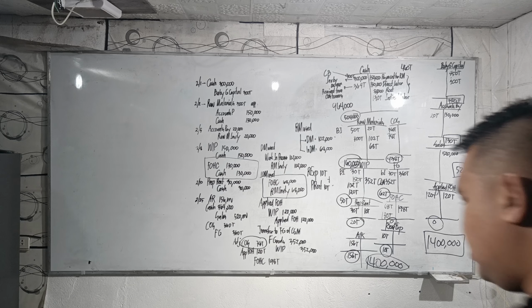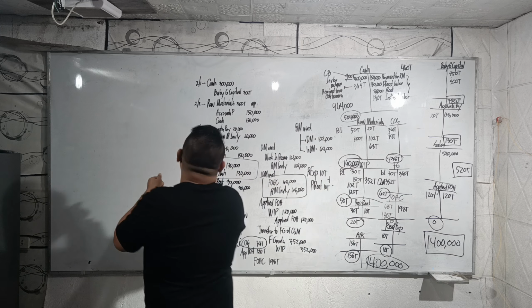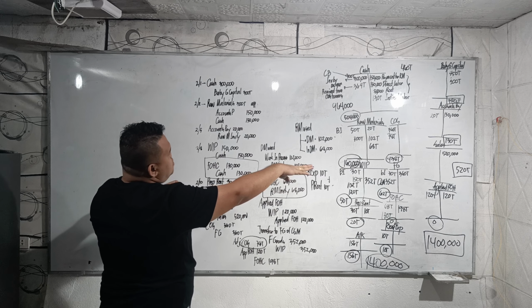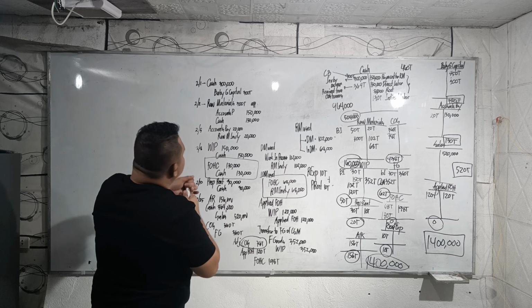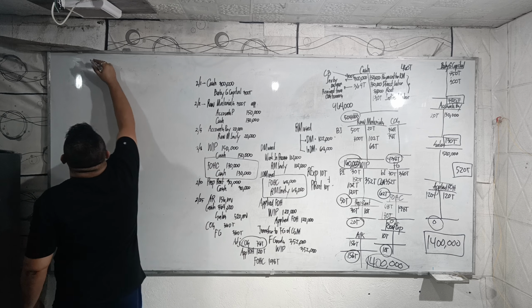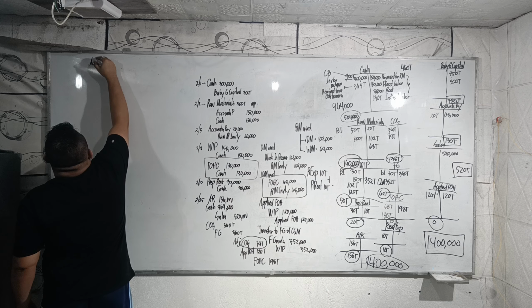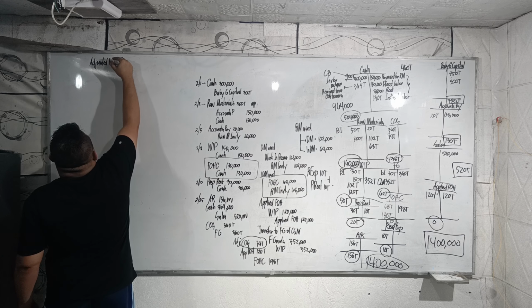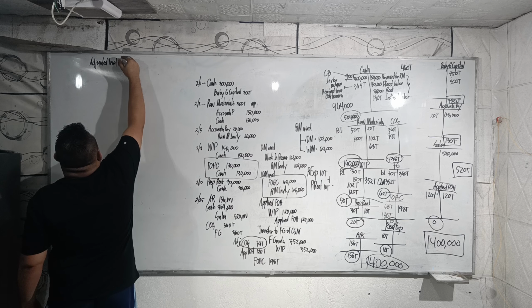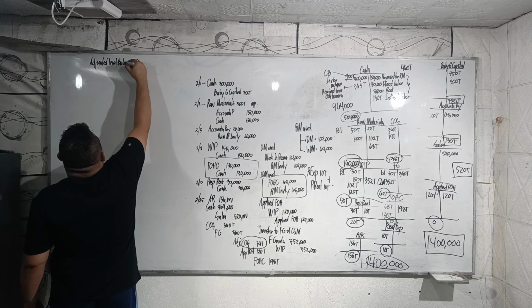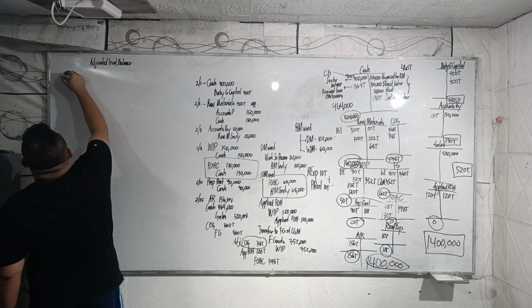Okay? So the adjusted trial balance will just be a list of these particular balances. We'll start with the adjusted trial balance. We'll start with cash.